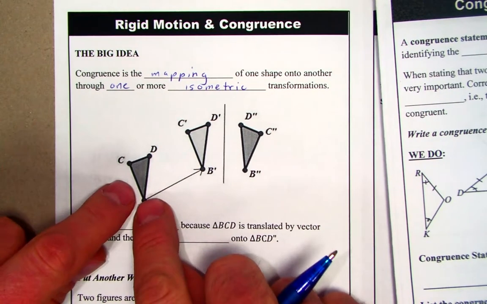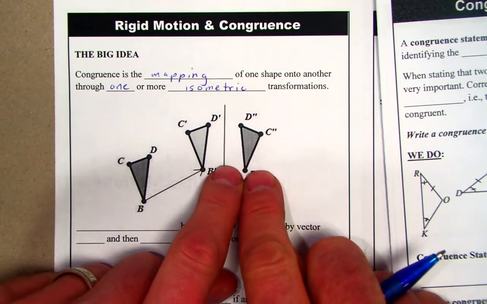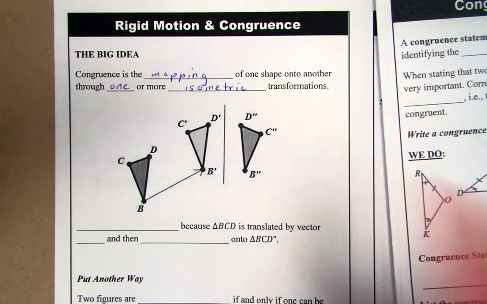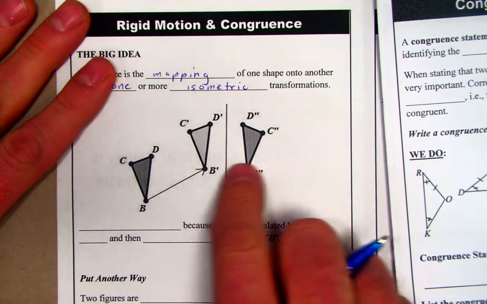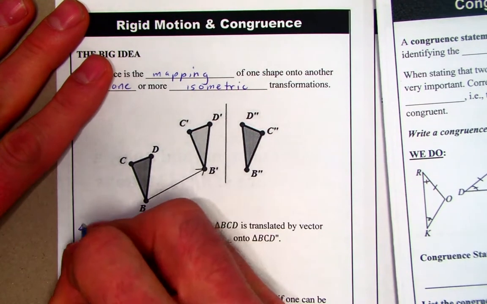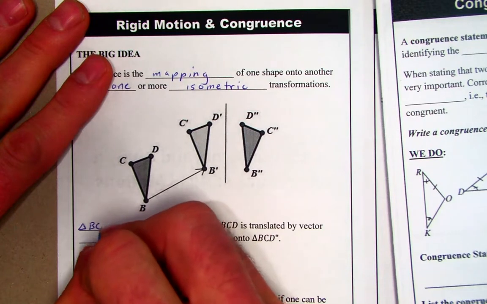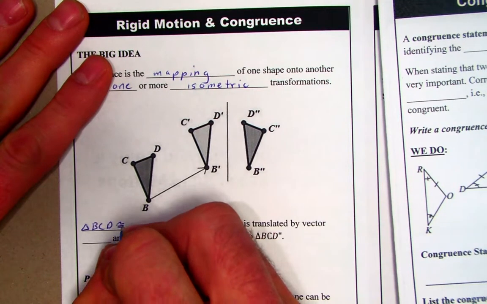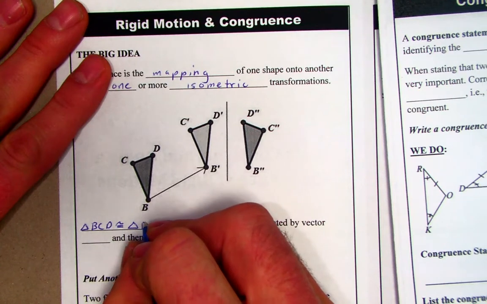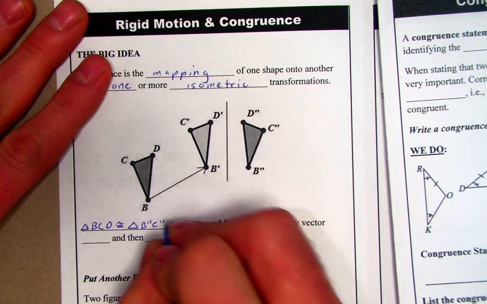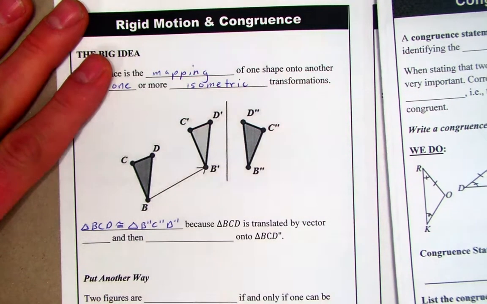So the distances and angles on this triangle must be the same as the distances and angles on that triangle. So we can say, because these are isometric transformations, that triangle BCD is congruent to triangle, in this case, B double prime, C double prime, D double prime.